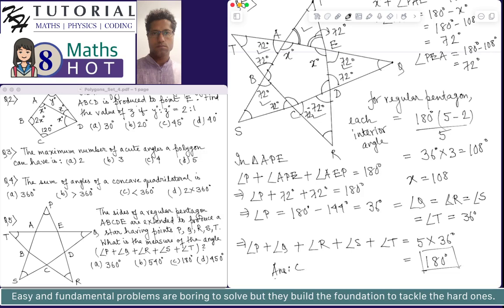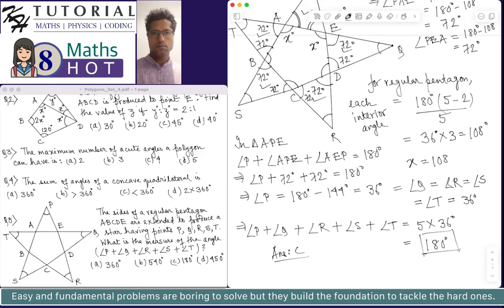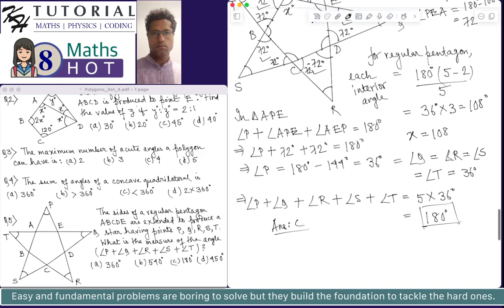Now there is a formula. If this was for a regular pentagon... Now for any regular polygon of n sides, a star can only be formed when n is greater than 4.